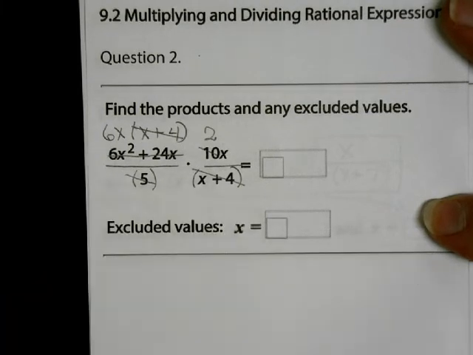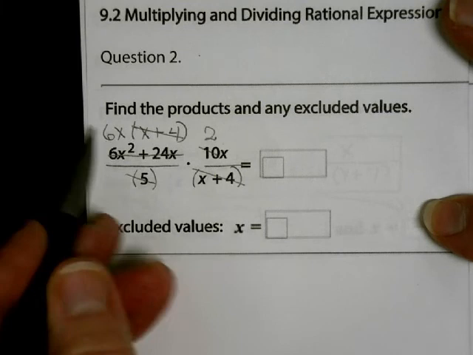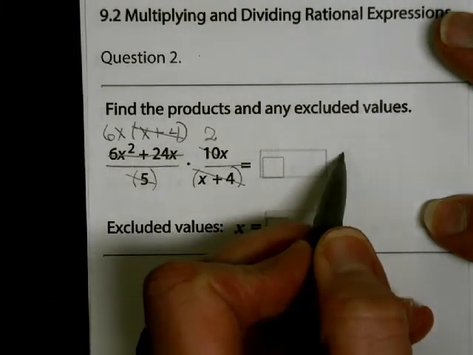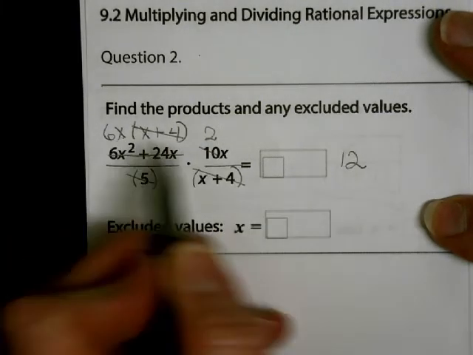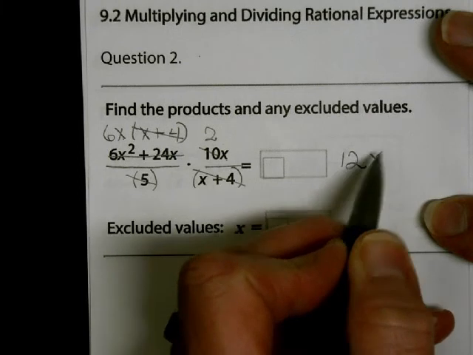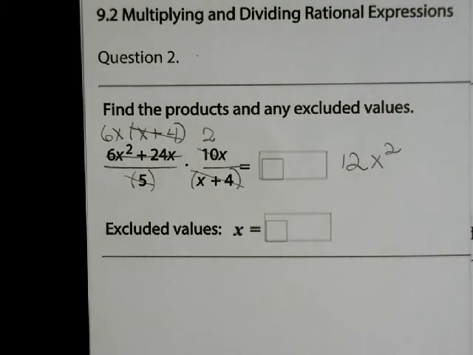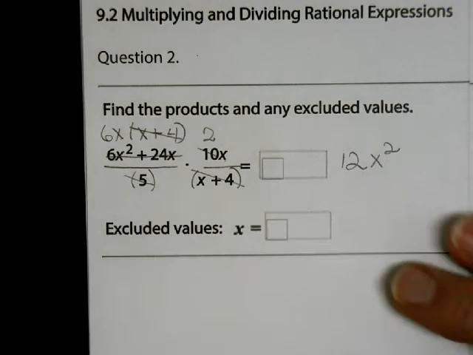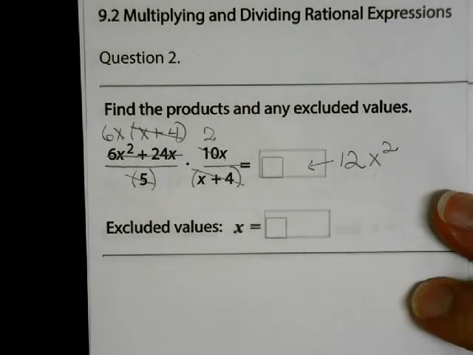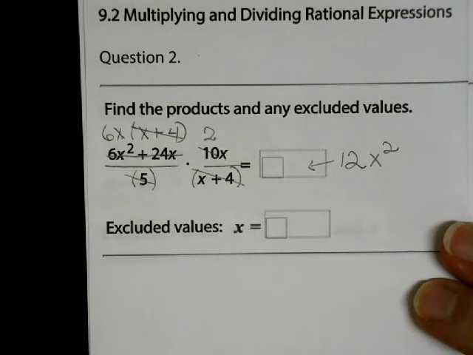And if the denominators disappear, that's 1. We don't have to write it. So my numerator is 6 times 2, which is 12, and x times x, which is x squared. So we want to remember our exponent rules. And this goes here.